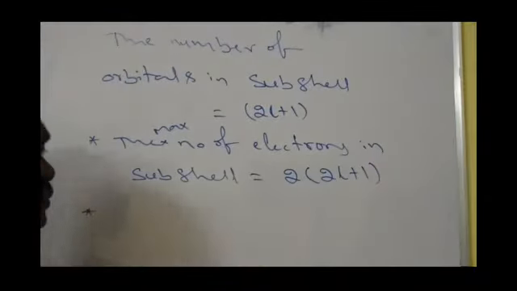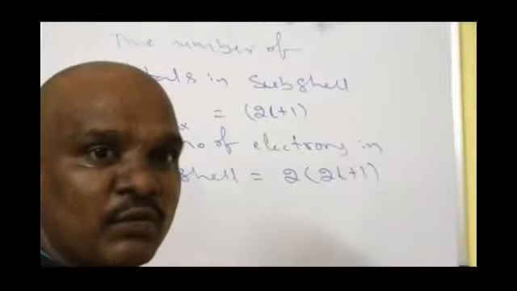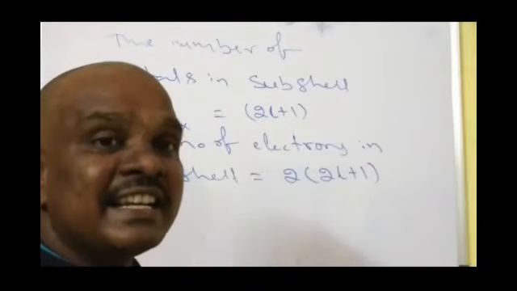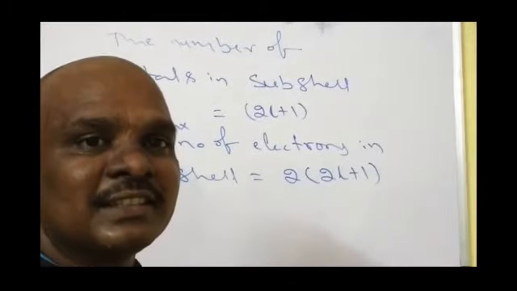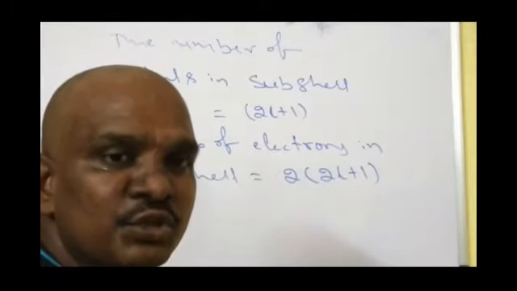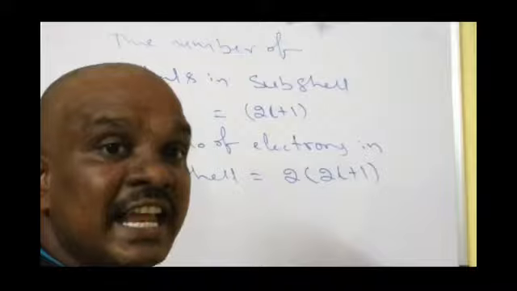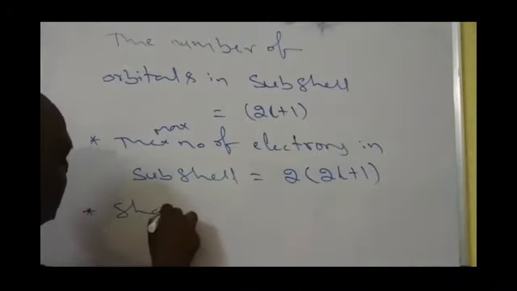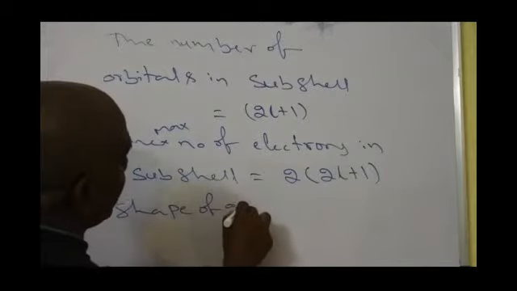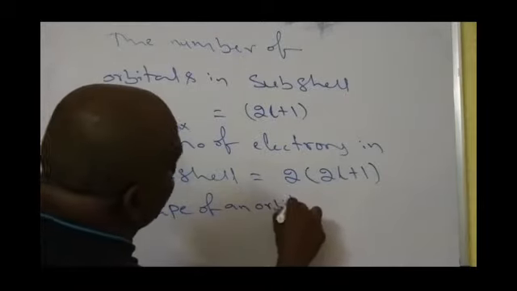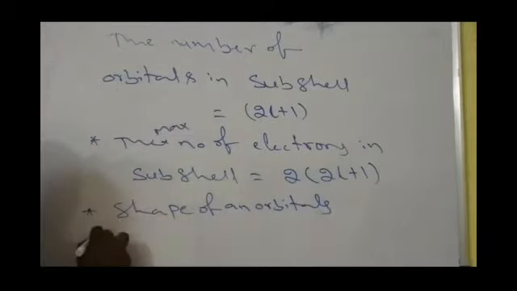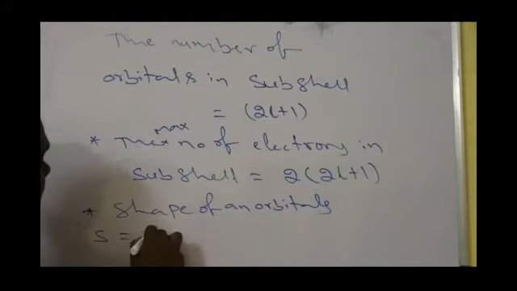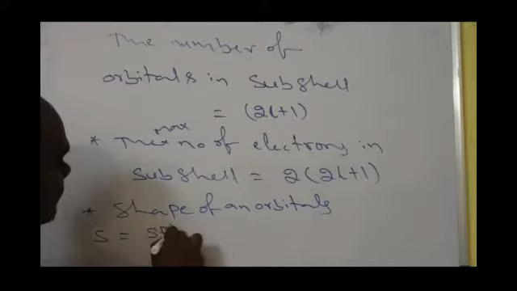The main use of the azimuthal quantum number is to explain the shape of orbitals. What, students? It is used to explain the shape of orbitals. If we take the s orbital, it has a spherical shape.